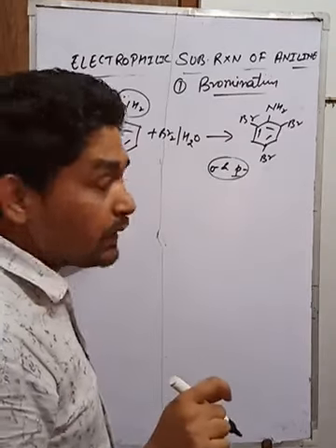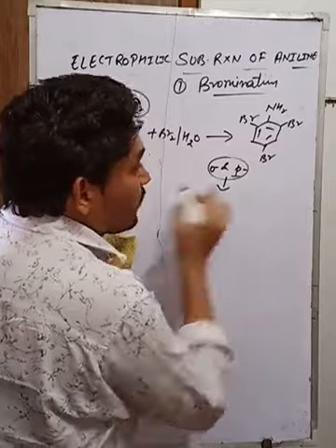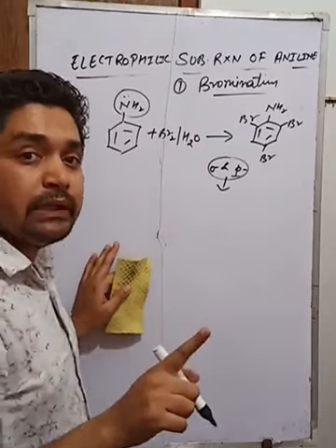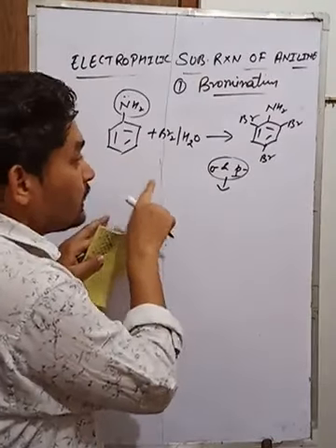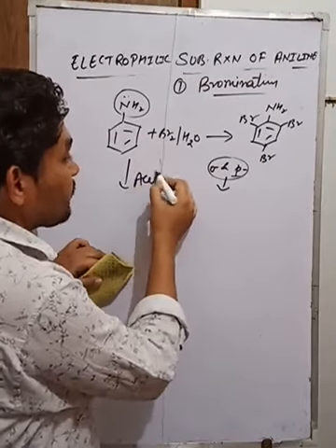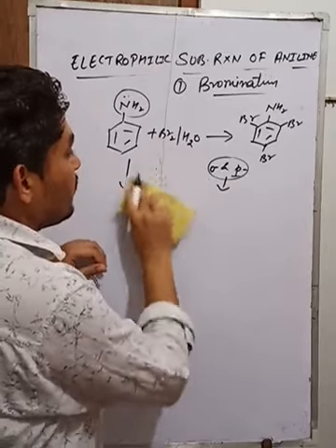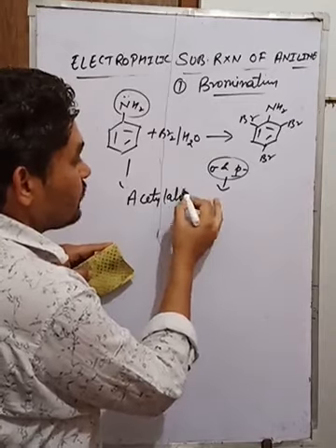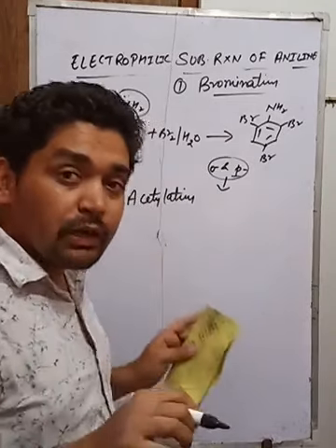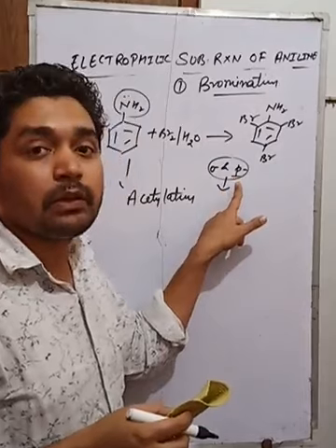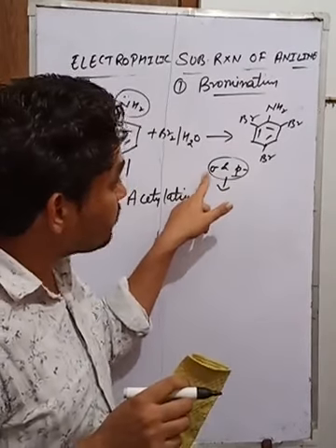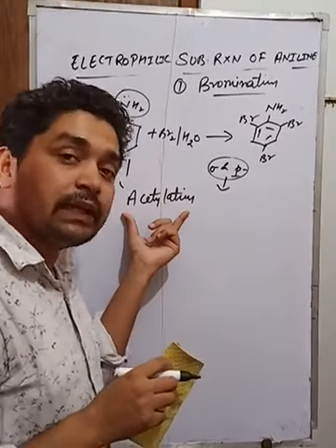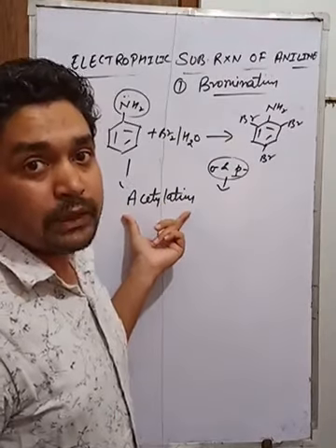If we want to get ortho and para products, say for example ortho bromoaniline and para bromoaniline, aniline first undergoes acetylation and then bromination.